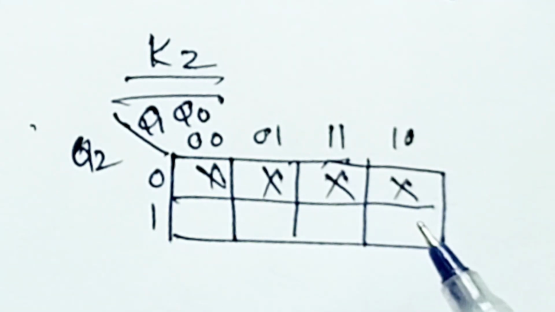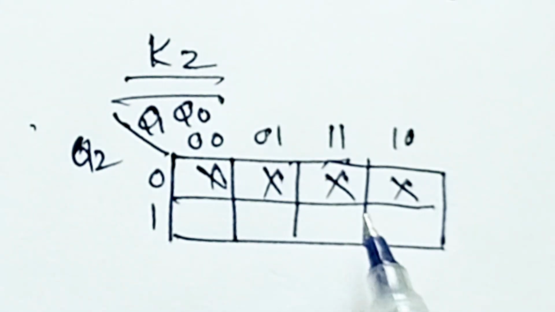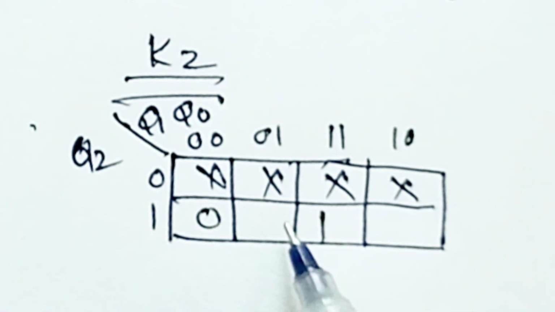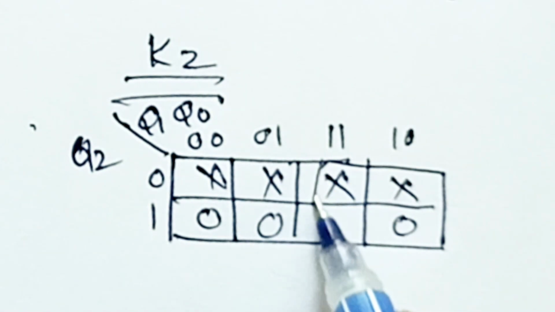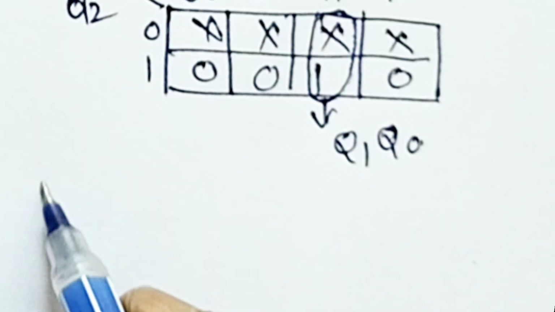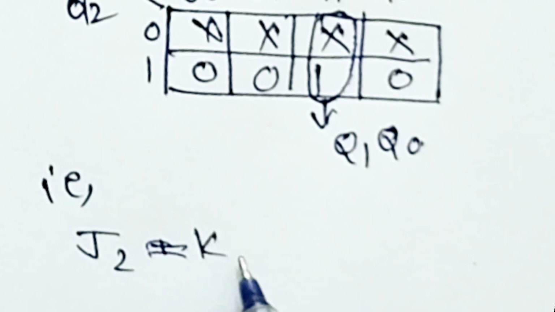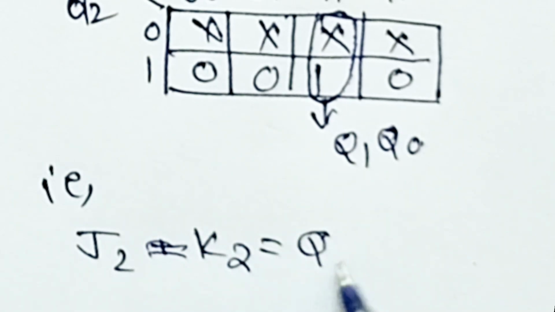And we have 4 don't care terms over here, and only a single 1 and 3 zeros, so that we can group x, that is don't care, and 1 together. So the expression remains the same as Q1 Q0, so we can conclude that for the MSB, that is the most significant flip-flop, we have J2 equal to K2 equal to Q1 and Q0.